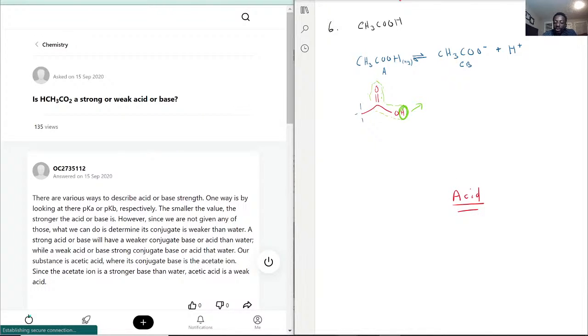And now we need to know whether it's a strong or weak acid. At face value, I'm going to tell you honestly, you cannot determine whether it's a strong or weak acid unless you've memorized the list of strong acids. The good news is that there aren't many, but that's the unfortunate trick to it. The other way to know is, if you haven't memorized a list of strong and weak acids in your head, hopefully you've been given a Ka table, which is a dissociation table.